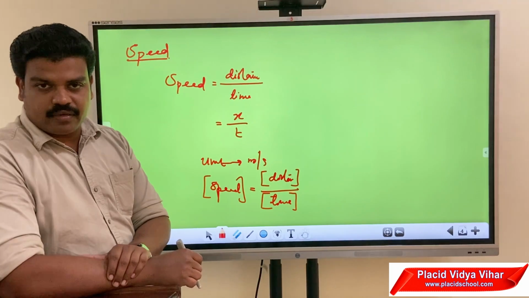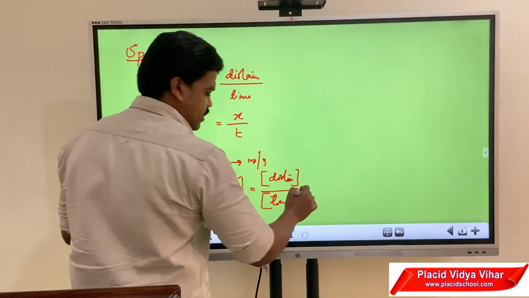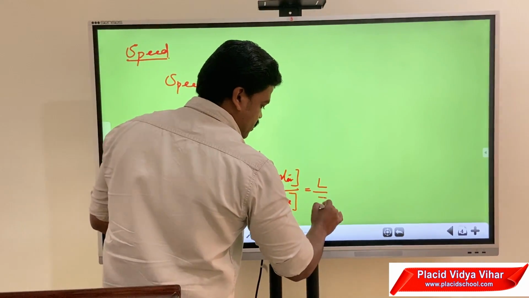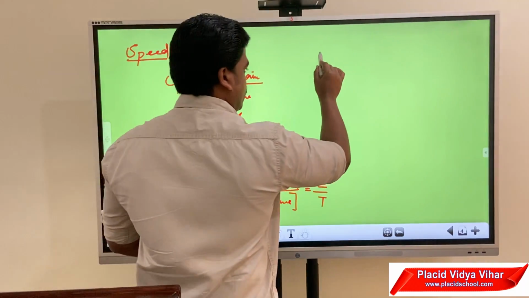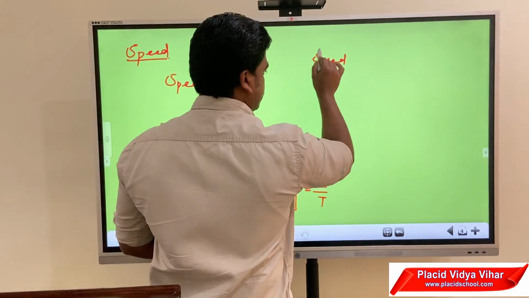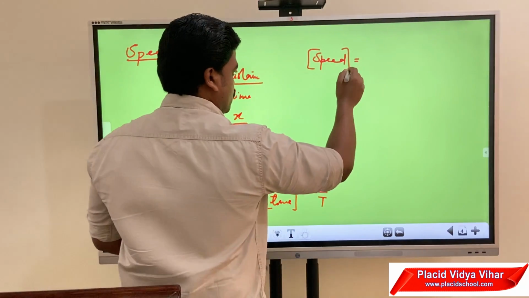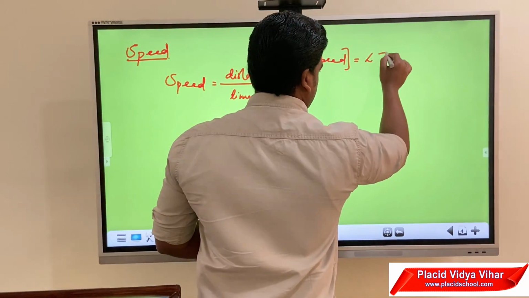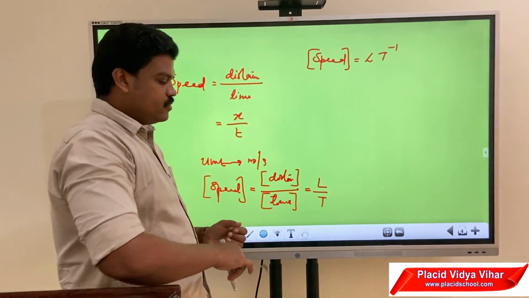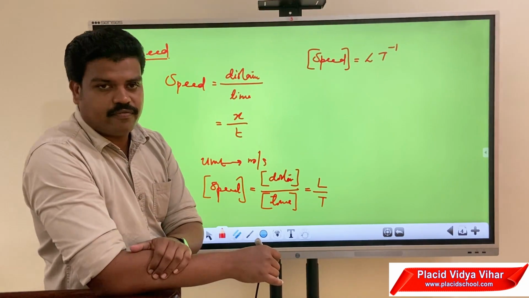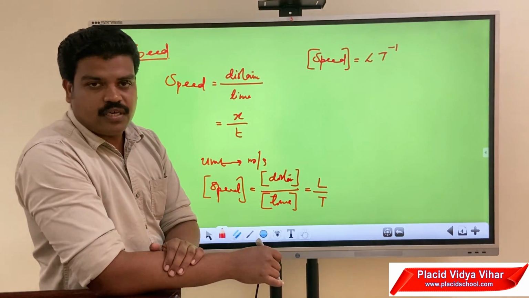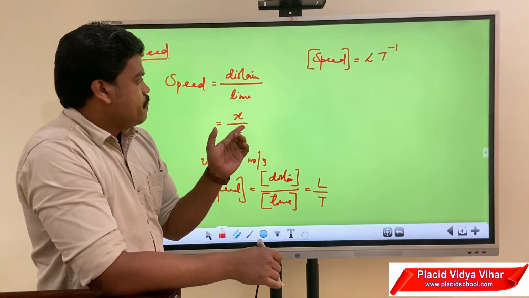Distance is a type of length, so we use L as the dimension of distance and T as the dimension of time. Then the dimension of speed is equal to L T raised to minus 1. 1 by T can be written as T raised to minus 1. So these are the dimensions of speed, the rate of change of distance.